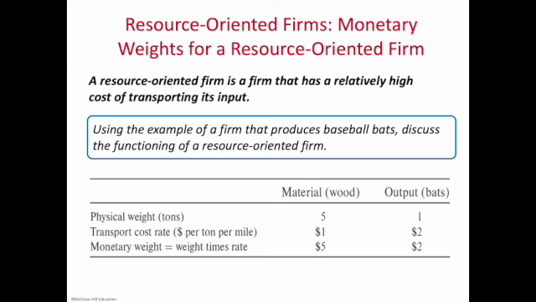This firm is resource-oriented because the monetary weight of its transportable input exceeds the monetary weight of its output. Although the unit cost of transporting output is higher, because finished bats must be packed carefully but logs can be tossed onto a truck, the weight loss in the production process dominates the difference in the transport rate, so the monetary weight for the output is lower.